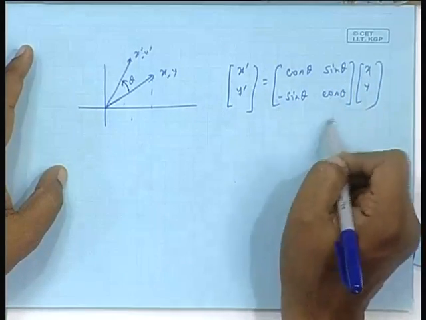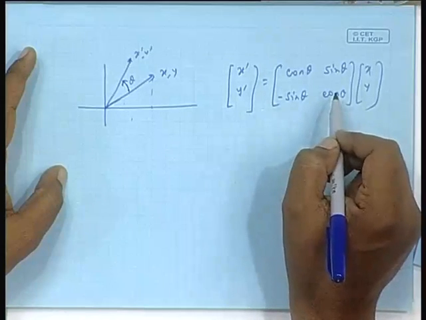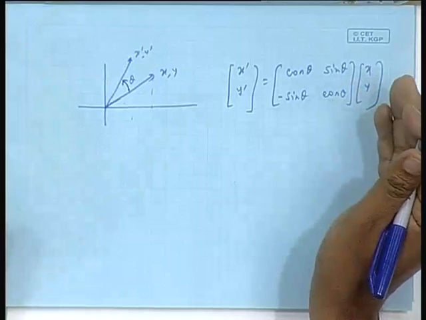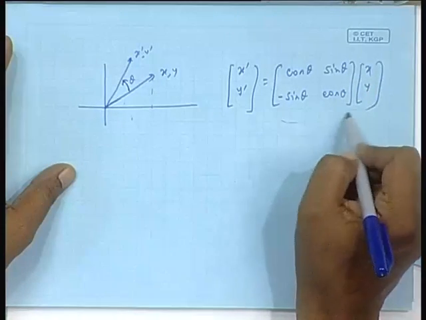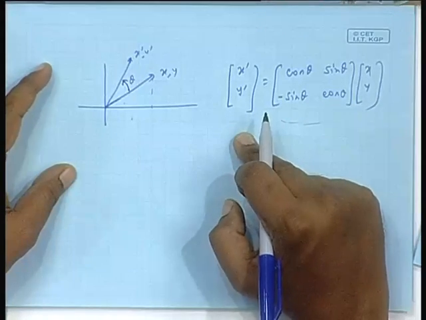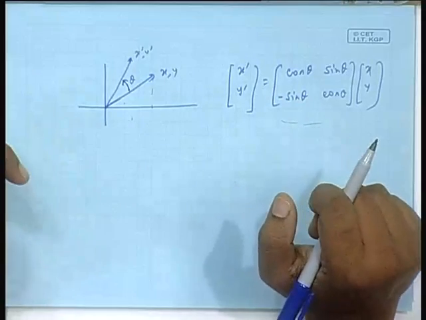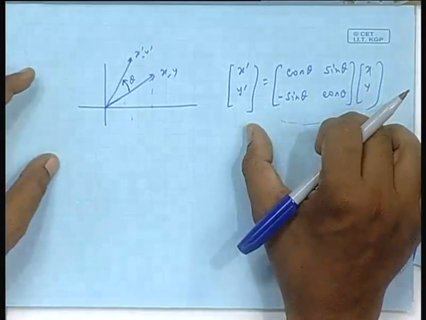This is a linear operator. You can see it is unitary. Multiply by its transpose, you will get an identity matrix. Cos square theta plus sin square theta will always be 1, and the other terms are plus minus things that will come up equal to 0. It is a unitary matrix.